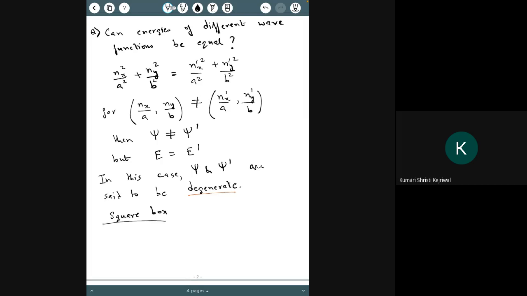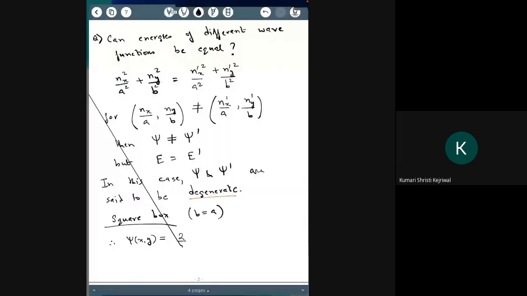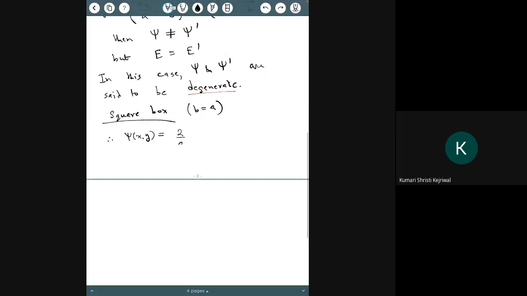So if you have a square box, that basically means that B is equal to A. Therefore, psi xy is simply equal to 2 by A sine nx pi x by A sine ny pi y by A. And E is equal to h squared by 8m.